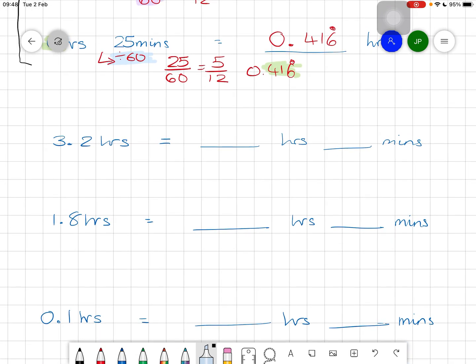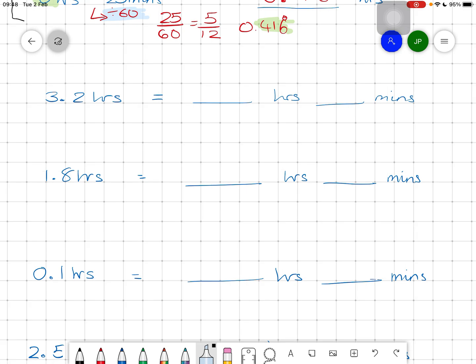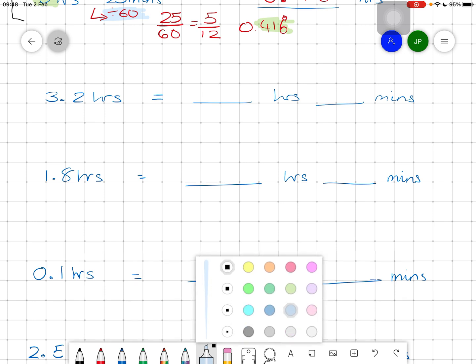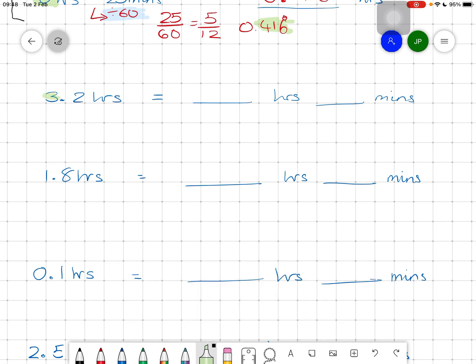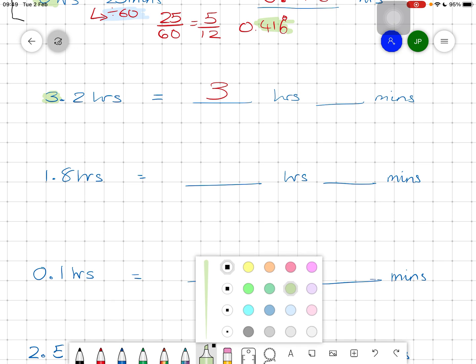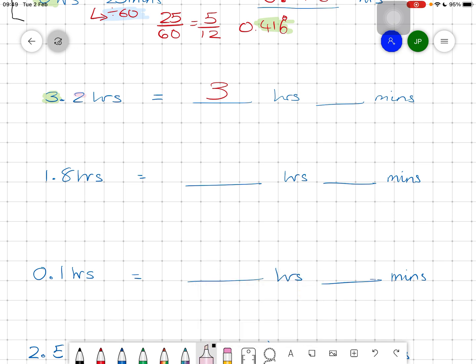So, if we have, for example, 3.2 hours, we want to turn it into hours and minutes. Okay, now we know already I must have 3 full hours because it's 3.2. Therefore, my 3 can go in straight away. The difference this time, at the moment, I've got 0.2 of an hour.